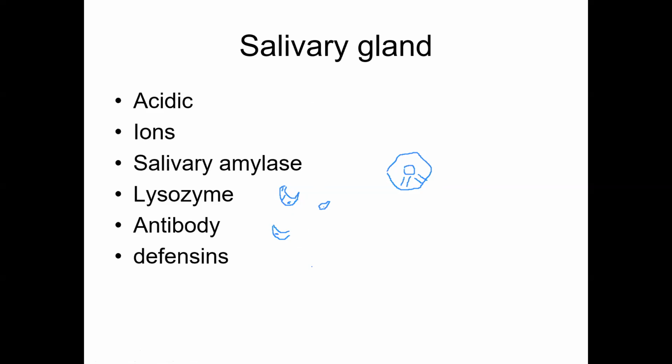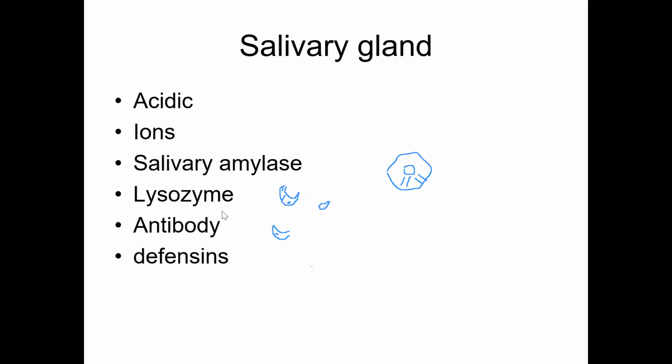I'm going to give you all major enzymes which you need to remember the names and functions. Salivary amylase is the first one. This enzyme is used to break down carbohydrates. So it's an enzyme to digest the carbohydrates.